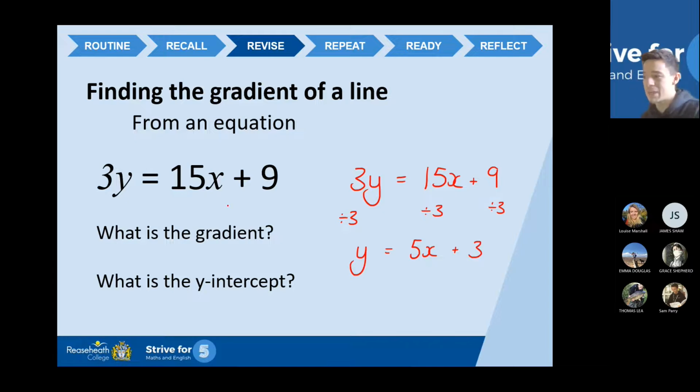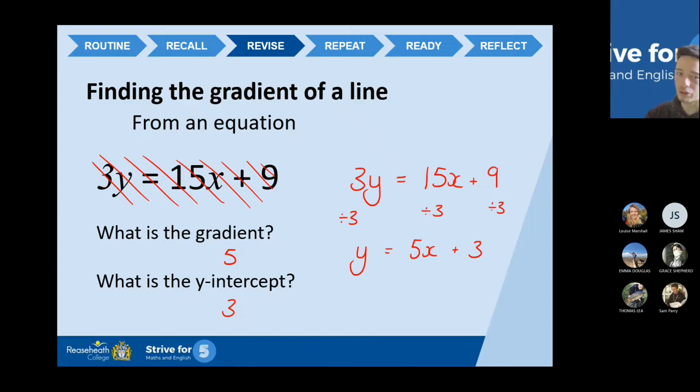So now, instead of it being awkward, where I've got a line that's been multiplied, I've got it in its simplest form. Y equals 5x plus 3. What is the gradient? The number before the x. What is the y-intercept? The end number, so 3.